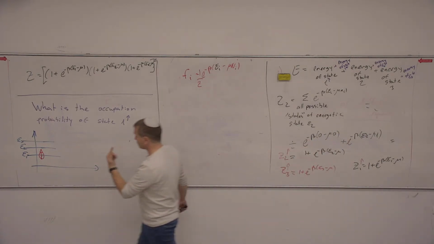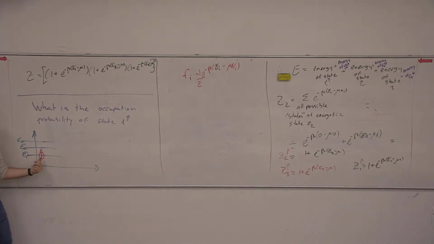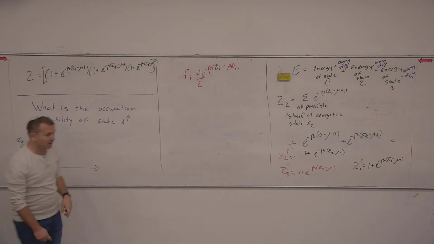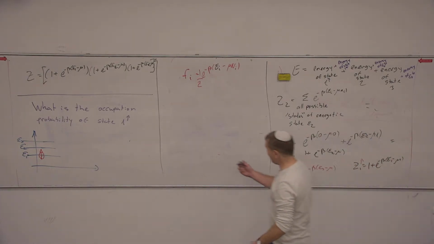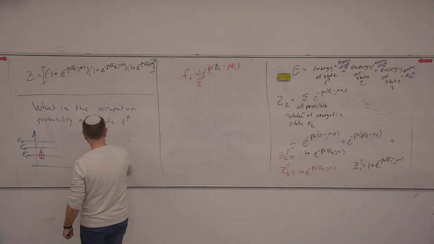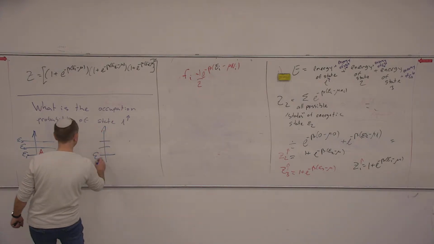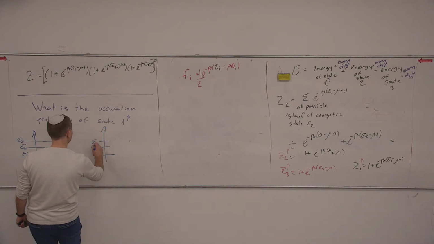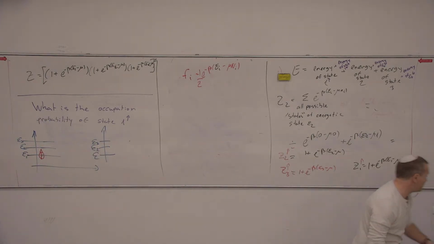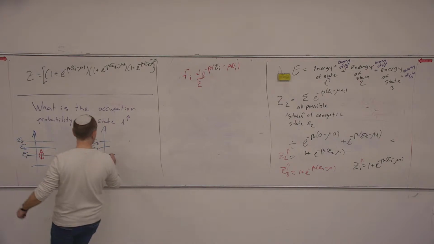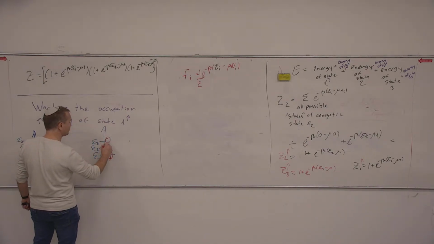Now, spin up contributes to what configuration? When level epsilon 1 is occupied and level epsilon 2 and epsilon 3 are not occupied. But it can also occur in a situation with epsilon 1, epsilon 2, and epsilon 3 when epsilon 1 is occupied and also epsilon 3 is occupied.